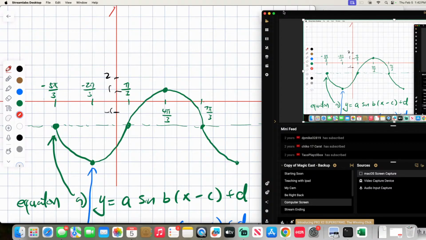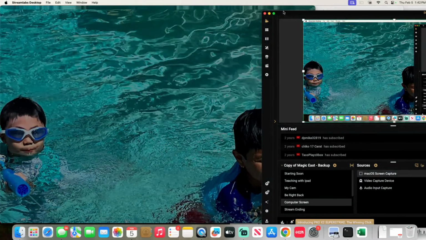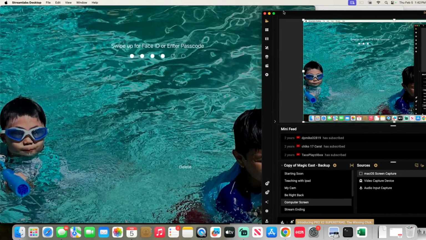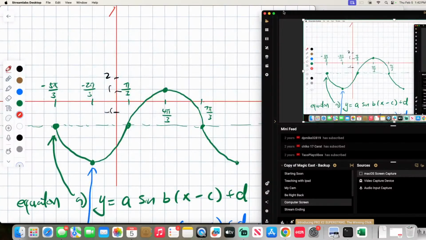And if you're good, can you tell me the cosine graph also does the exact same thing? Yeah, I guess. No, I want you to come up with an equation that looks like that.